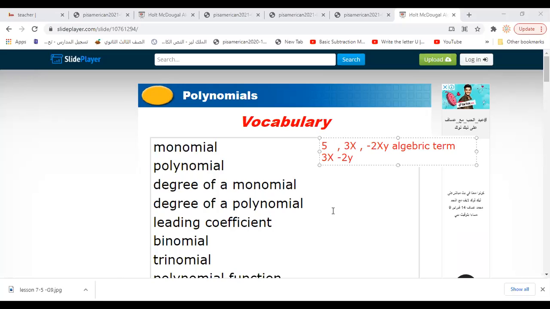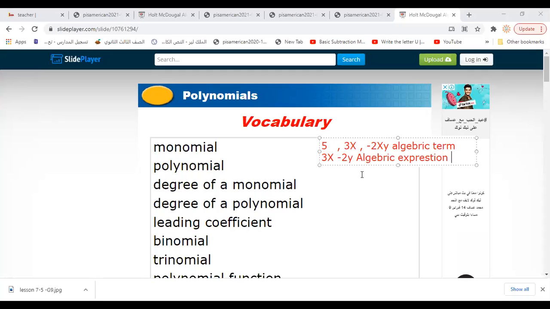So 5, 3x, negative 2xy, 5z, these are called algebraic terms. But 3x minus 2y is called an algebraic expression, which consists of more than one algebraic term. So there is a difference between algebraic terms and algebraic expressions.